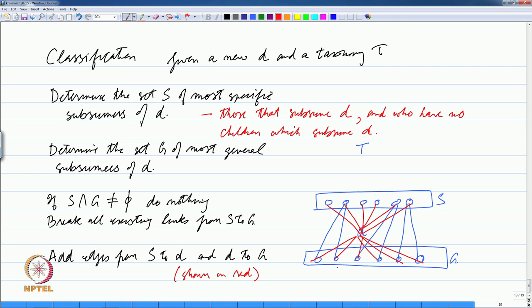So, you remove the blue edges and add the red edges essentially. That means, we have now put this concept D that we had to insert in the taxonomy essentially. So, that is a high level algorithm. Now, let us look at how to construct S, and then we will see how to construct G essentially.